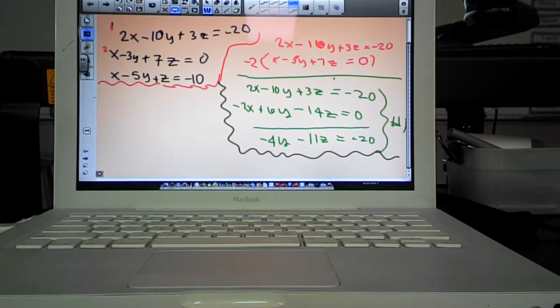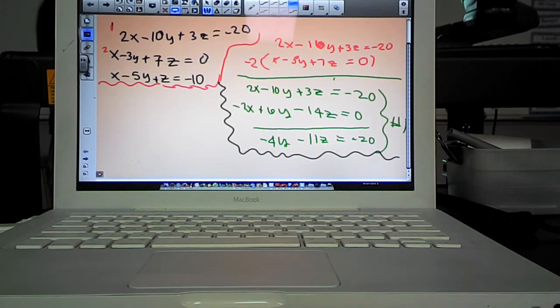Now we're going to change to blue as to not get confused, even though we have all these squiggles. So, x minus 3y, we're going to take this from the second equation, equation number 2.